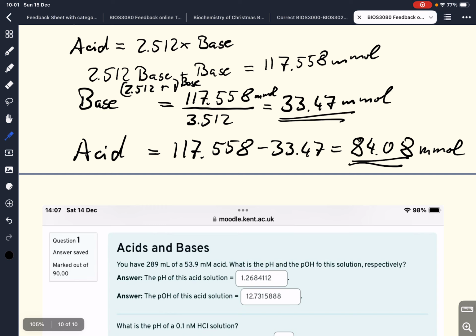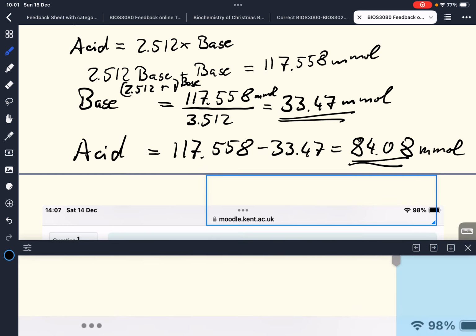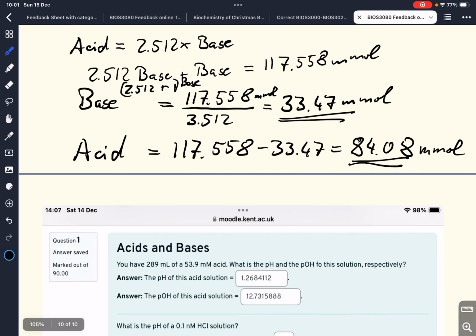And for the acid, that's now pretty straightforward to calculate because the acid must be the difference between the base and the total amount of moles. So the acid would be 117.558 millimole minus 33.47 millimole, which gives us 84.08 millimole.